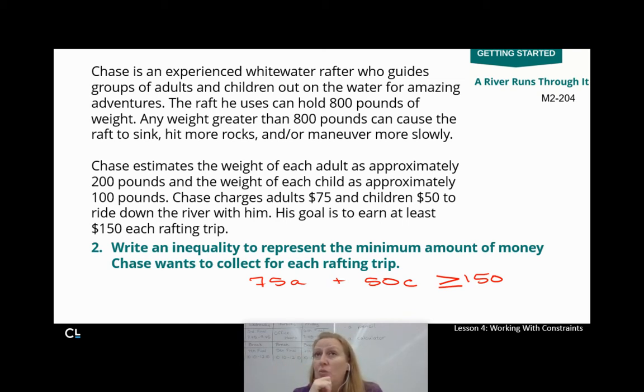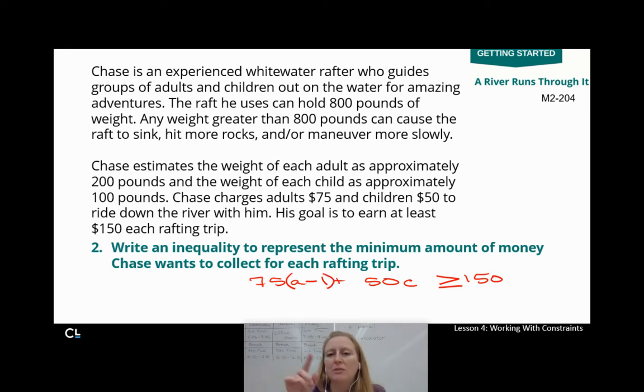Chase is one of the adults in the raft. So Chase's weight matters, correct? He's one of the adults in the raft. His weight matters. However, Chase isn't charging himself. So I need to subtract out one adult for the price.